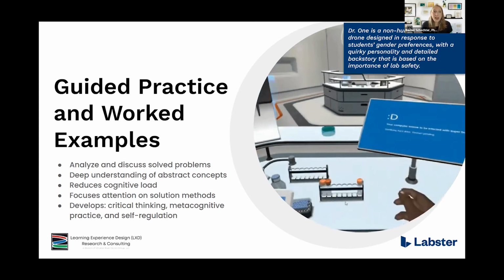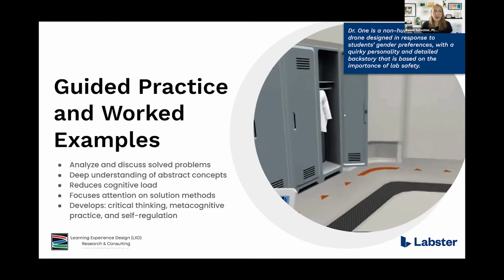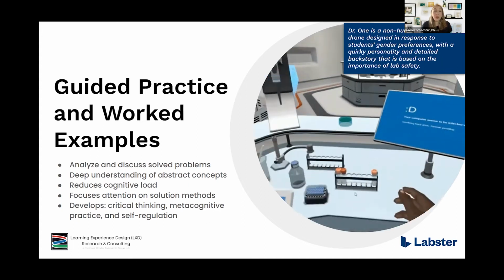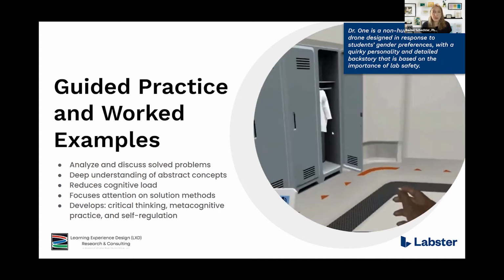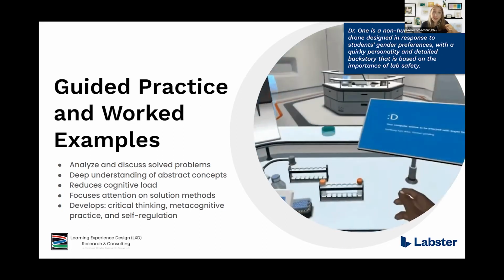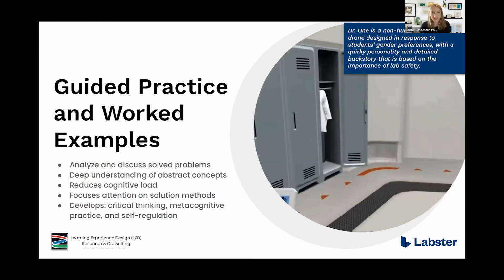So for guided practice and worked examples, this is really where having some examples that are already completed can help students know where to start with new problems. Having that modeling of one way that it can be solved can help them build off and extend and expand on different ways that problems can be solved.